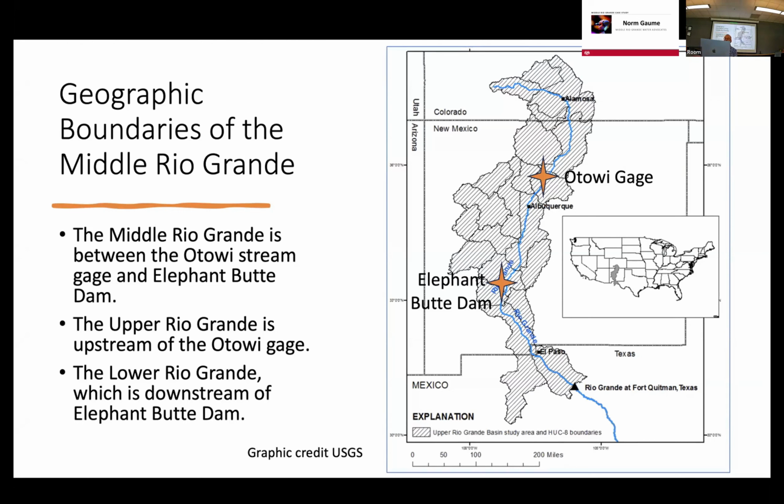The Middle Rio Grande extends from the Otowi Gauge down to Elephant Butte Dam. And one of the issues in the Middle Rio Grande is delivering through the Middle Rio Grande the lower Rio Grande share of the water that flows into the Middle Rio Grande basin.